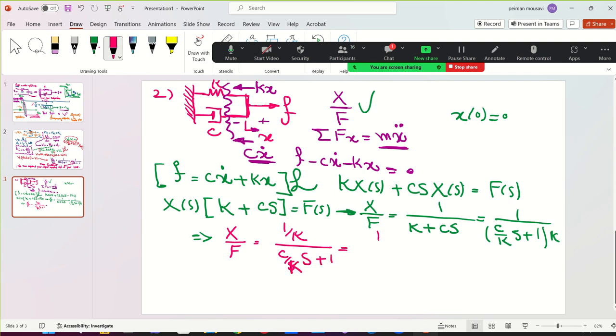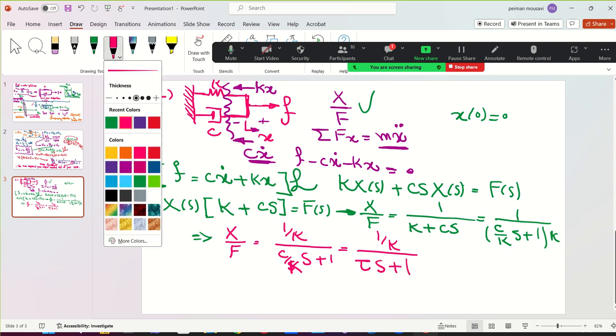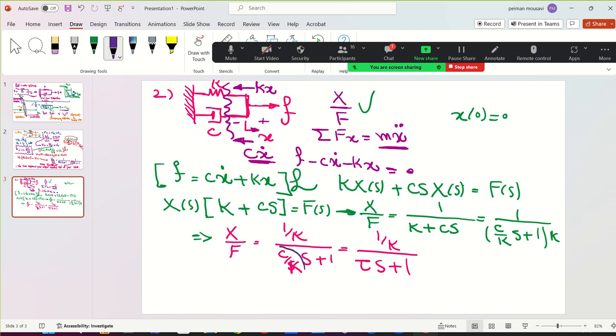Now this is exactly as we promised: tau s plus 1. Here your tau is this. This is your tau: damping coefficient over stiffness of the spring. This is damping coefficient.